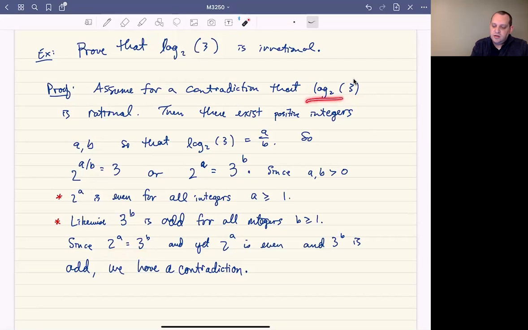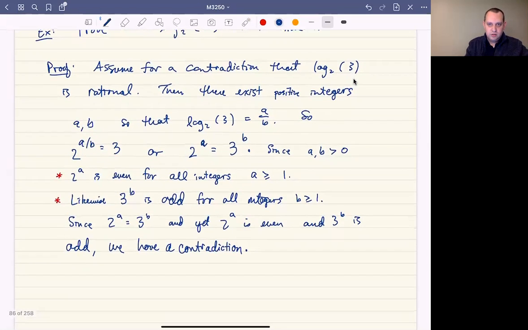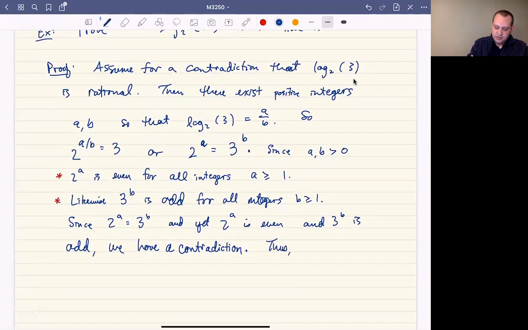And that means that our starting assumption must have been wrong. Okay, it can't be that log base 2 of 3 is rational. So the only thing that we can conclude is that log base 2 of 3 is irrational. Okay, so that's enough to prove that log base 2 of 3 is irrational.